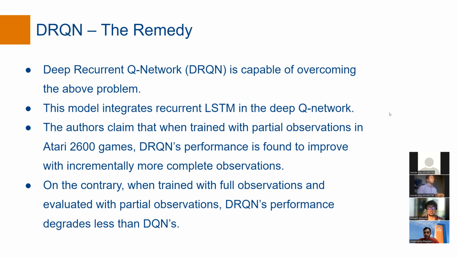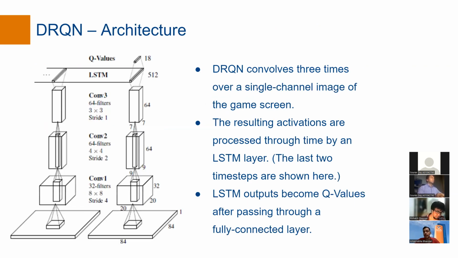The game that the authors used in the paper was Pong, and they took snapshots of the images during the game, which were the input to the model, passed through multiple convolution layers, 3 convolution layers to be specific, and then passed to an LSTM to extract features, and then passed to two fully connected networks to determine which action to be taken. There were 18 such actions in the Pong game, and hence the last layer has 18 nodes.